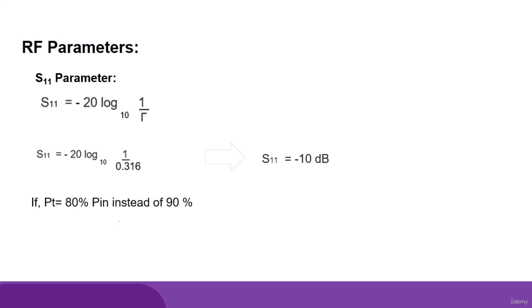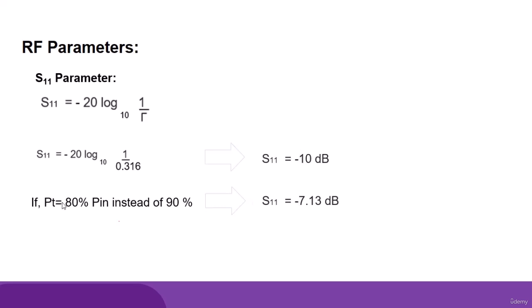It should not be minus 9, minus 8 or minus 7. However, if the transmitted power is 80%, then the result would be as follows. S11 is minus 7.13 dB. This indicates that even as the S11 reflection coefficient decreases, the transmission of the power also decreases, indicating poor antenna performance.